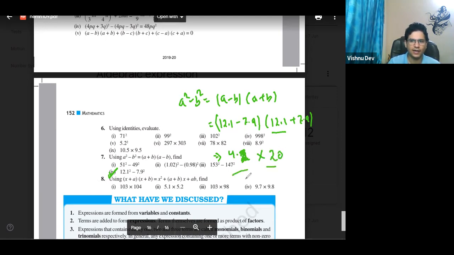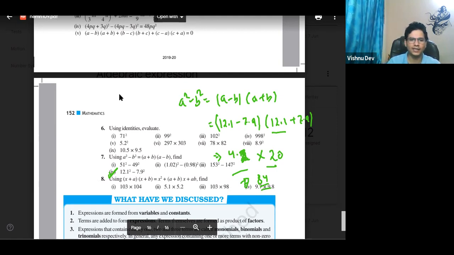Now I guess it is easy to solve. 4.2 into 20 is 84. Done? Easy. Vihan, got this? Okay, so you can solve, right?